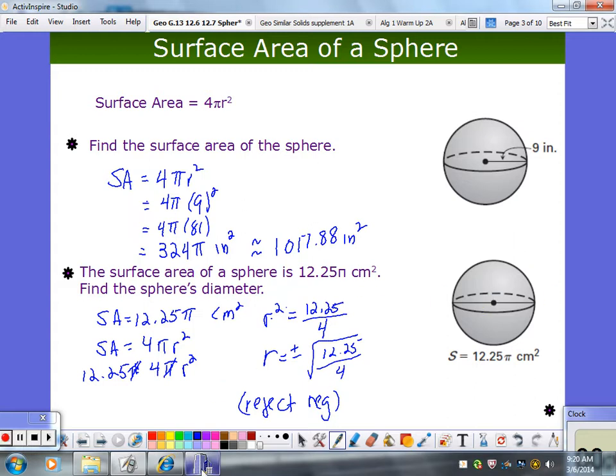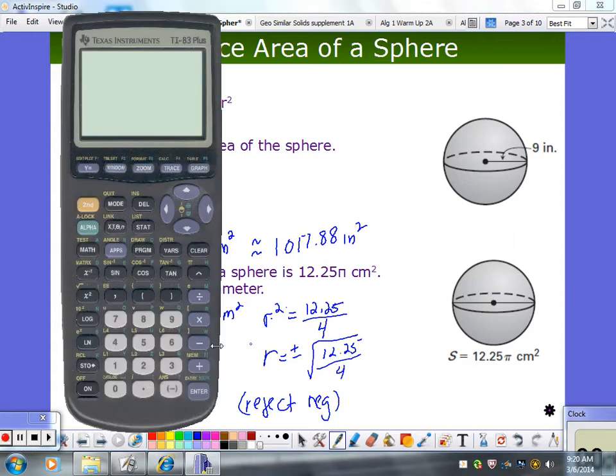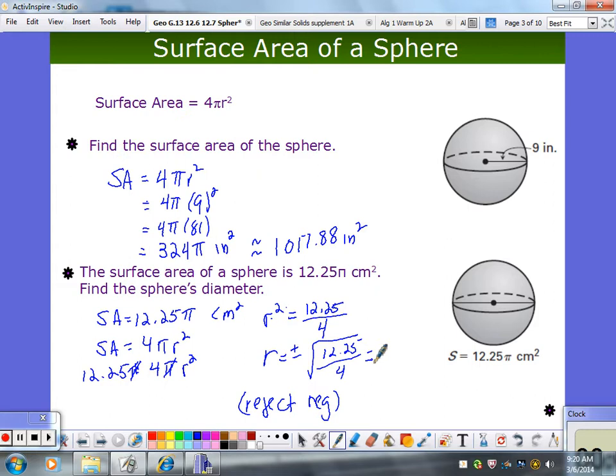And I'm going to put it in my calculator. I know that's 2 over there if I want to do it by hand. You can. So let's see, square root of 12.25 divided by 4. And it's 1.75. And that's r. I don't want r, I want d.